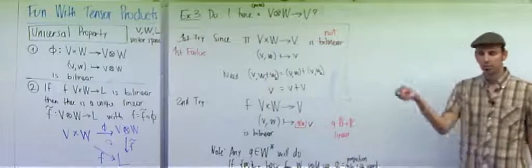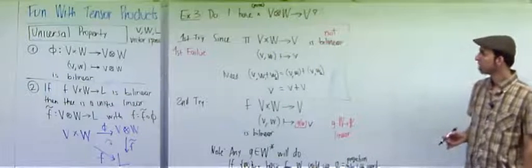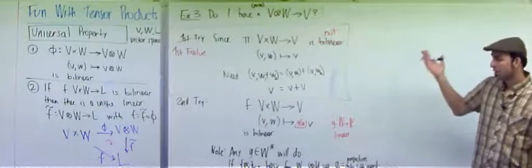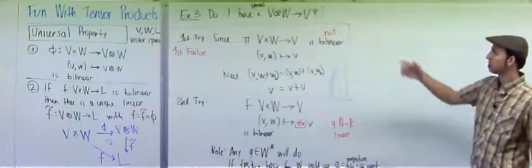You just look at the ith entry of the vector with respect to that basis. That is an example of a map from V tensor W to V.